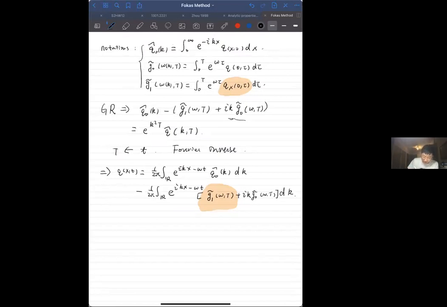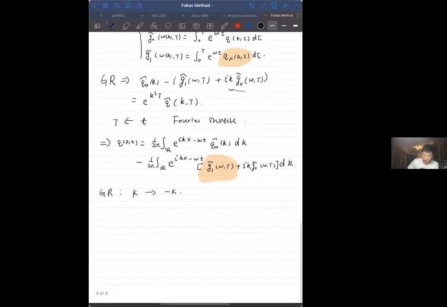For the global relation, you need to find the discrete symmetry of this relation. So you change k to minus k. You get q naught hat minus k minus g1 omega t.